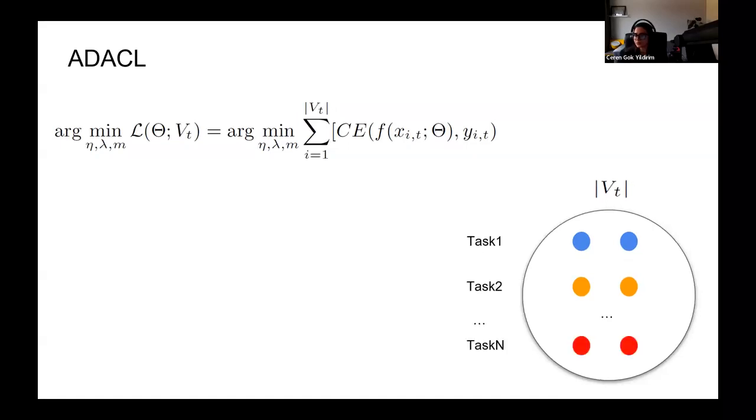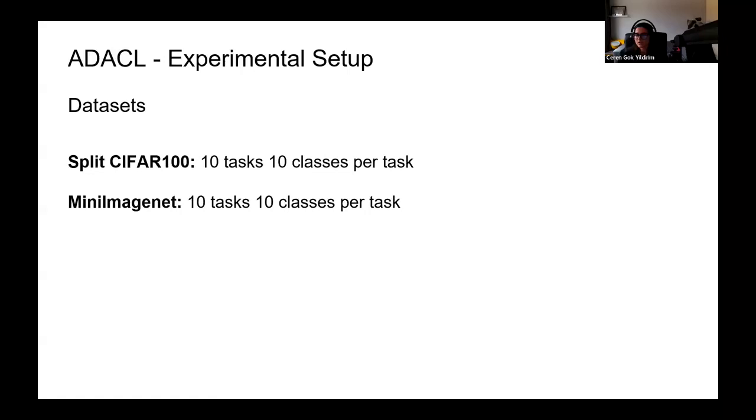This evaluation process is vital in determining the most effective hyperparameter settings and ultimately aiding in the optimization process. After the overview of ADA-CL, I would like to briefly mention our experimental setup, then conclude my presentation.